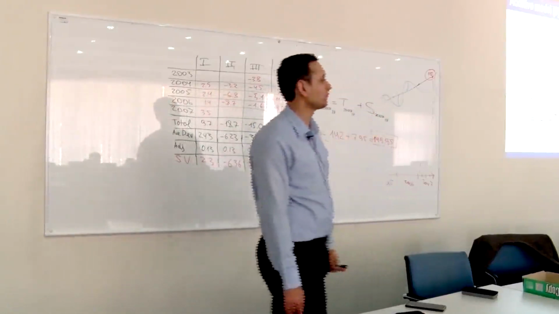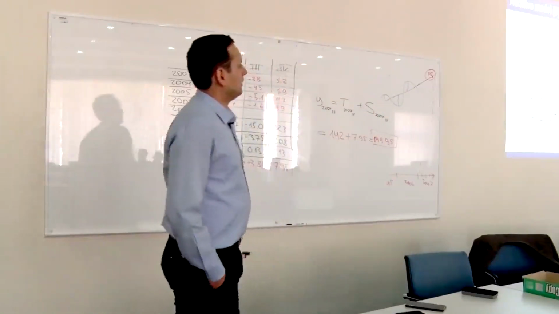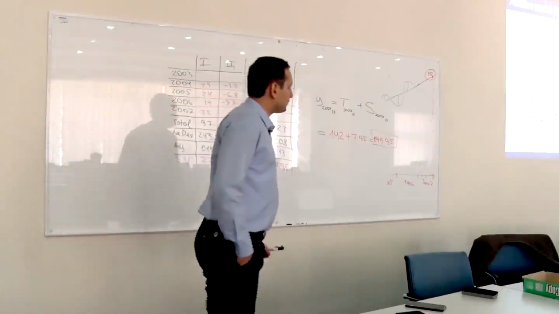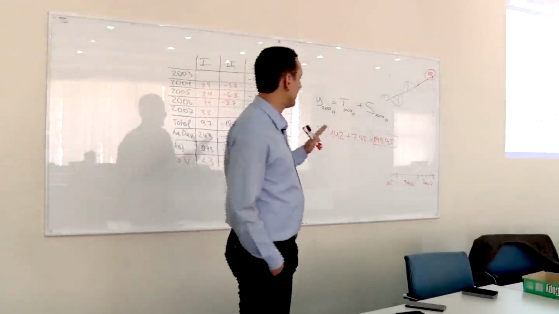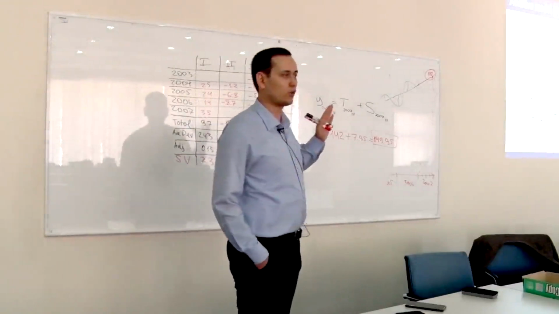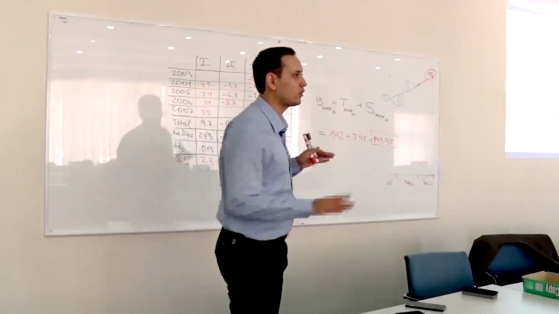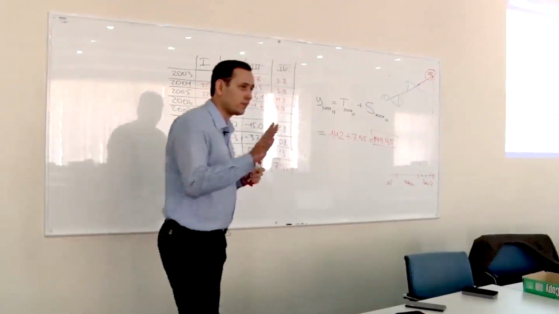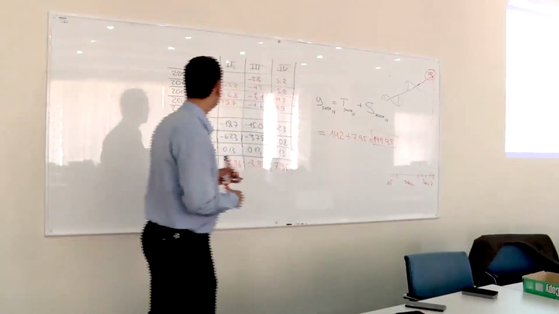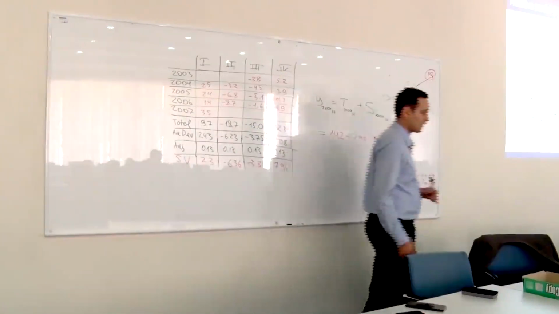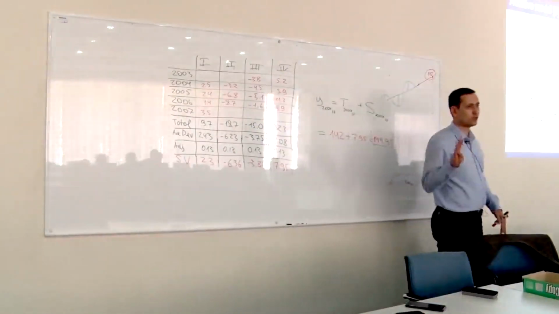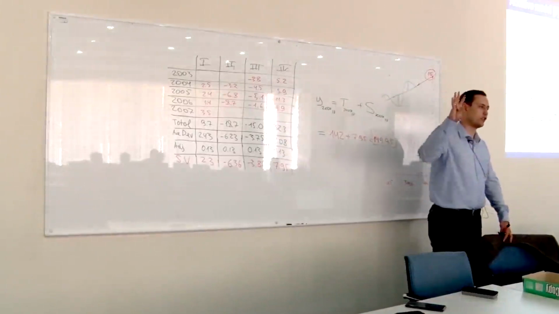All right? Okay. We are done with the additive model. If you have any questions in any step, please ask now. Any questions? So what were the steps? The first step was to calculate the 4-point moving average.